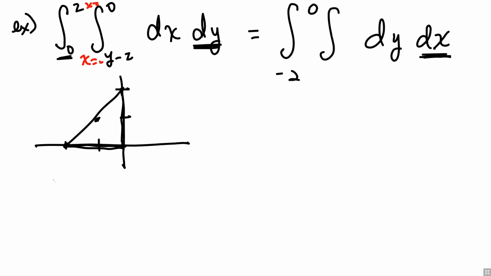Now, based on the inner part, we're dealing with y. Keep in mind the way this is going to work: y starts here, then we go up to here, following along this. So y is going to start off at 0. Then it's going to go up to, now it's not going to be a number.